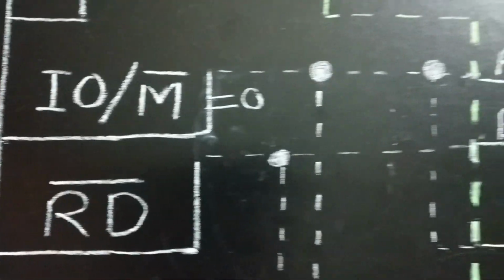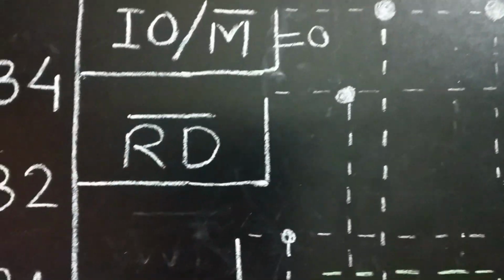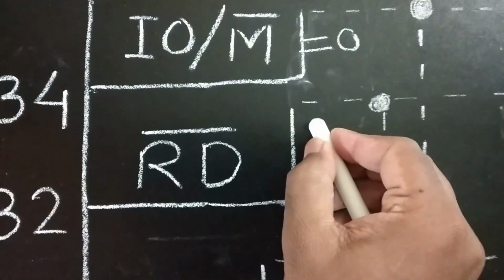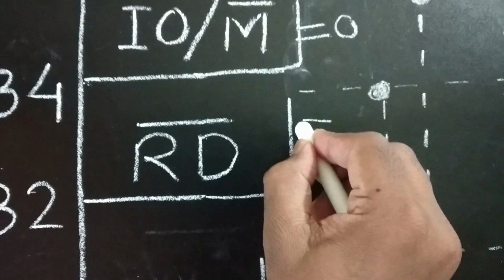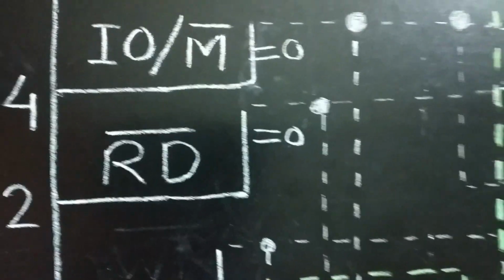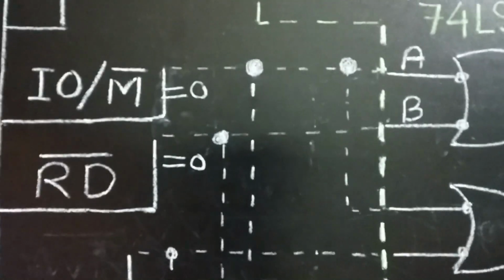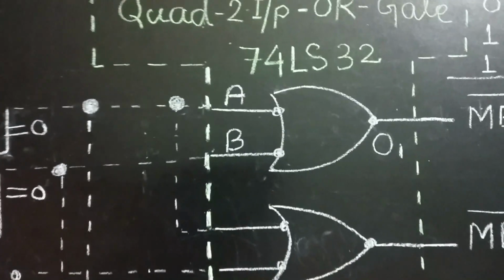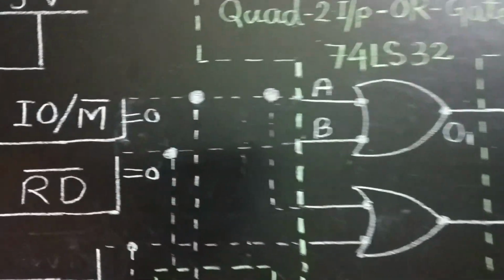If it is 0 and if it is a reading operation, then the MPU will also generate this read bar signal, which is also equal to 0. Thus, these 2 signals can be directly fed to this OR gate.